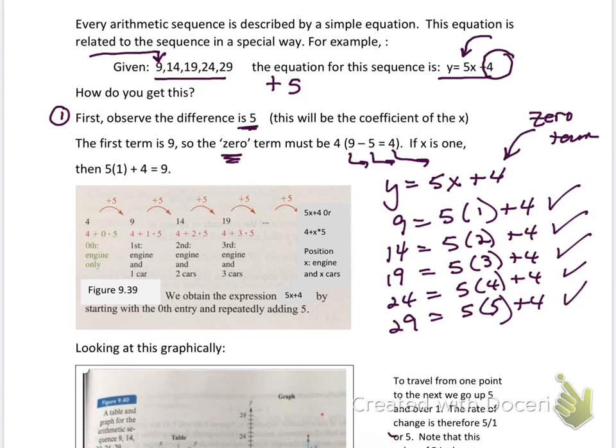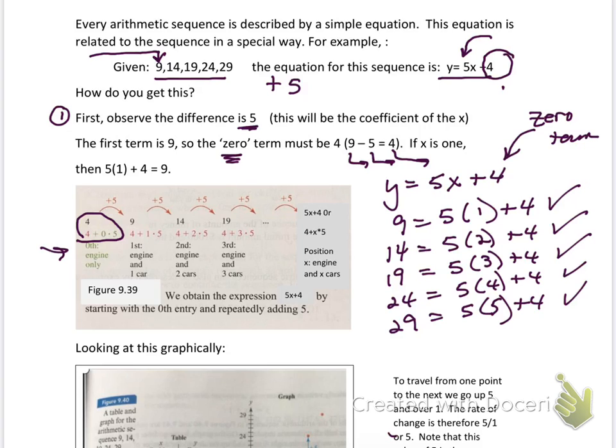That number is 4. 4 is your 0 term, and then the relationship between every subsequent term is 5 times the number of the term plus 4. Okay, so here we have illustrated this with a little table. Do you see how they got the 0th term?